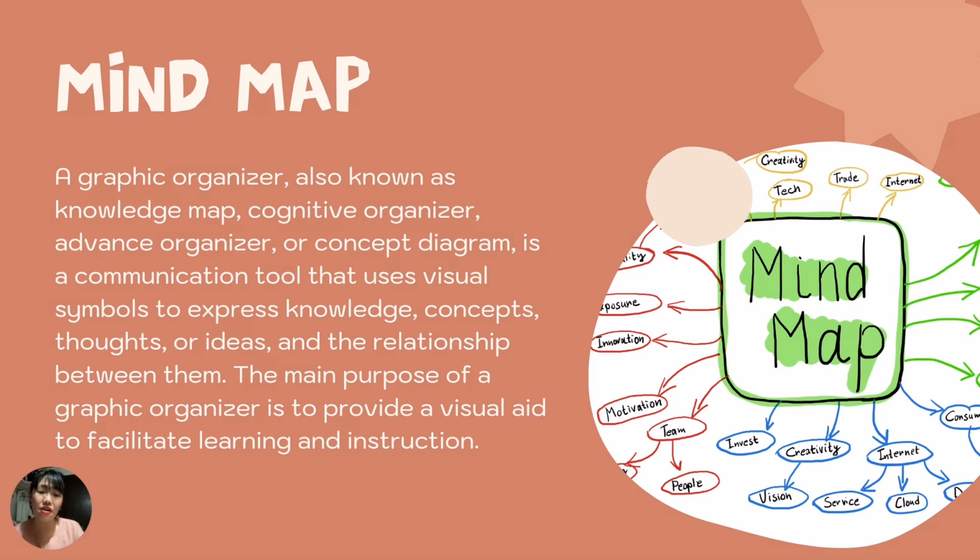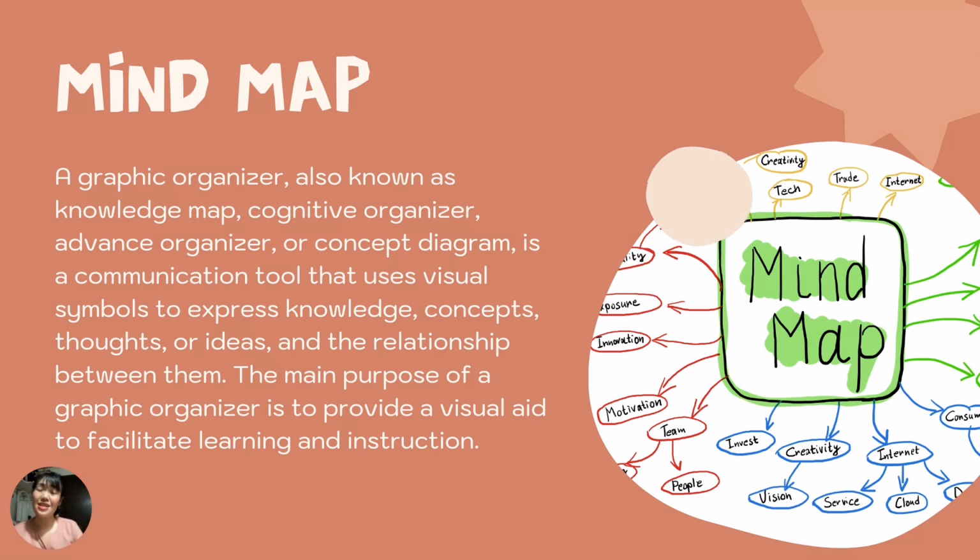The main purpose of a graphic organizer is to provide a visual aid and facilitate learning and instruction. Okay, so a graphic organizer, or this mind map, aims to provide a visual aid to facilitate learning and instruction.